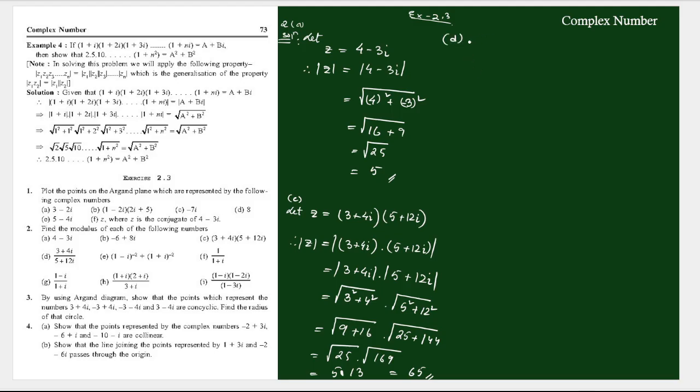Number D is what? Let z equal to 3 plus 4i divided by 5 plus 12i. So therefore, modulus of z equals modulus of 3 plus 4i over 5 plus 12i. Then same as multiplication, you can break down the division also.